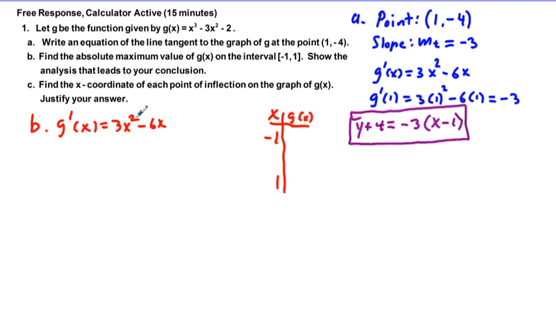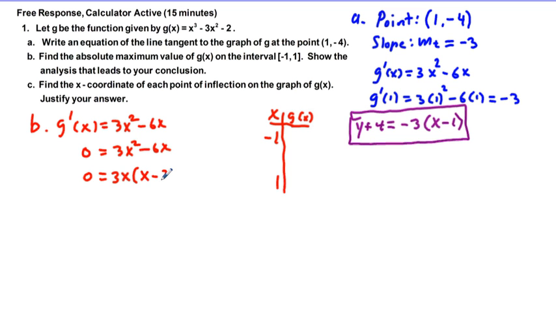Now to find critical points, we're going to set this first derivative equal to 0. So 0 equals 3x squared minus 6x. And we can factor out 3x from both of these terms. So we have 3x times the quantity x minus, what do we multiply times 3x to equal negative 6x?